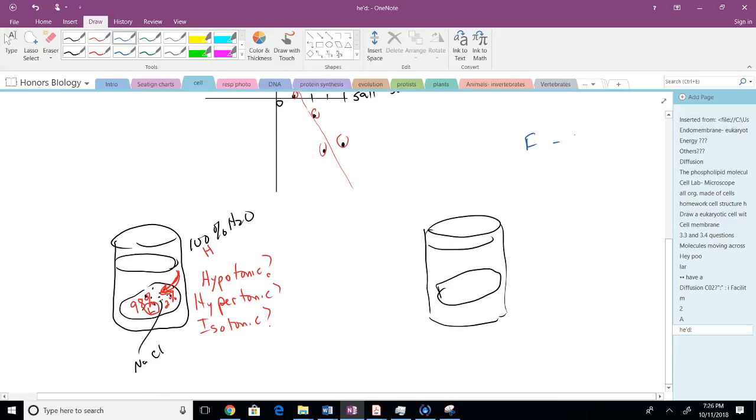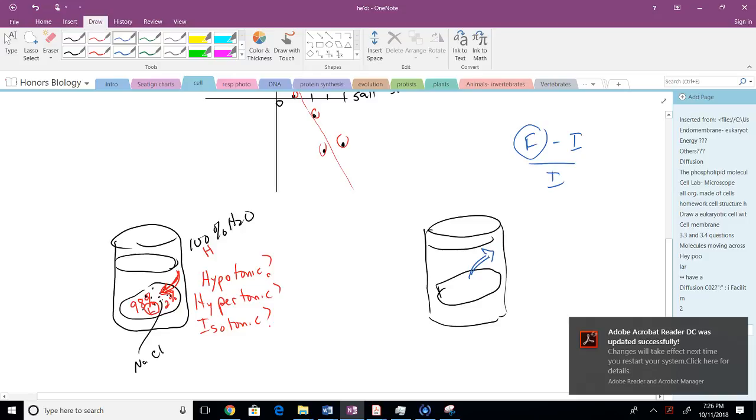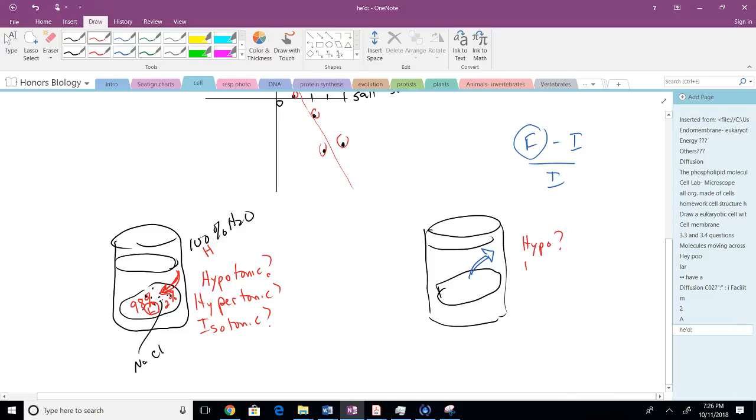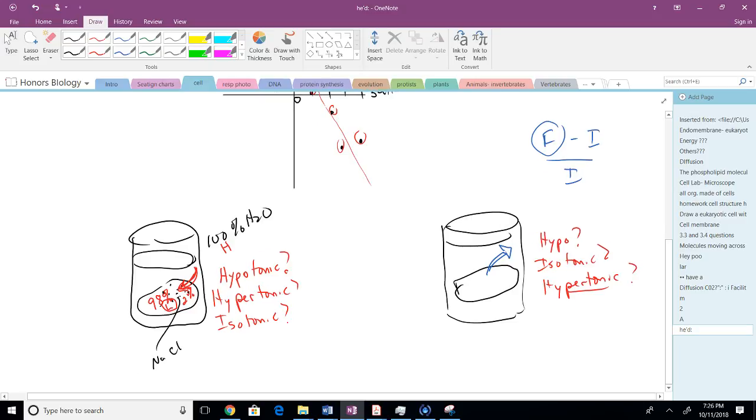Remember, because final minus initial over initial, if they lost mass, that means their final is lower than the initial. They lost water. So we know water left to go to the solution outside. And again, I want you to think, is this a hypotonic? Is this an isotonic? Or is this a hypertonic?